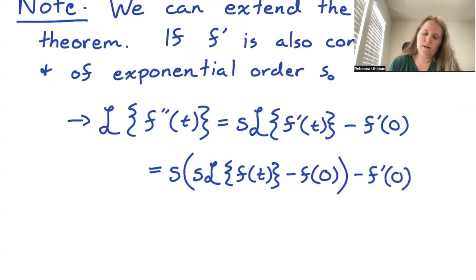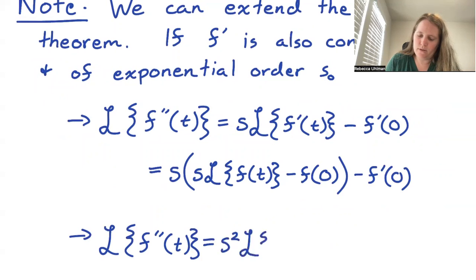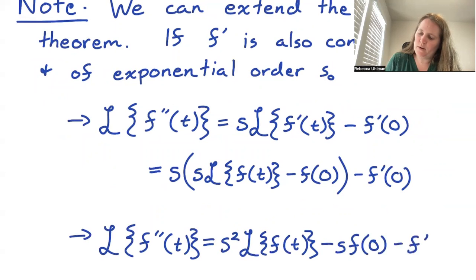So the Laplace transform of the second derivative of f is equal to s squared times the Laplace transform of f of t, minus s times f of 0, minus f prime of 0.